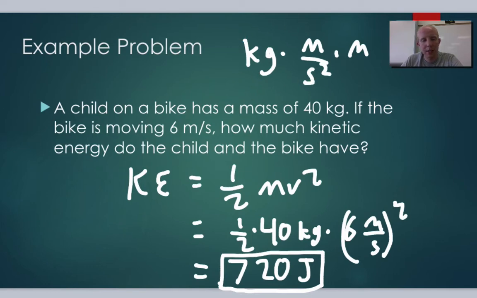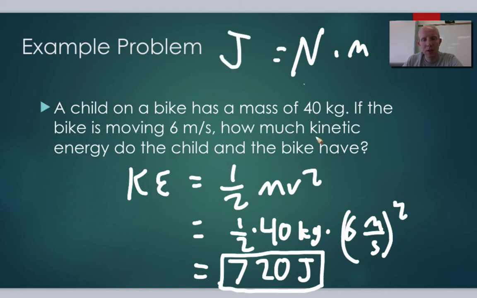Well, that is just a Newton. So we end up with a Newton meter, which is, of course, a joule. So we end up with joules to start and joules to finish, which is good.